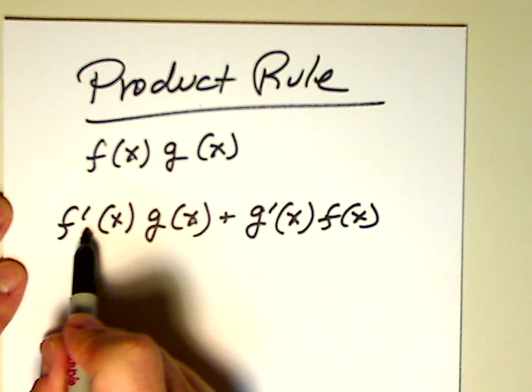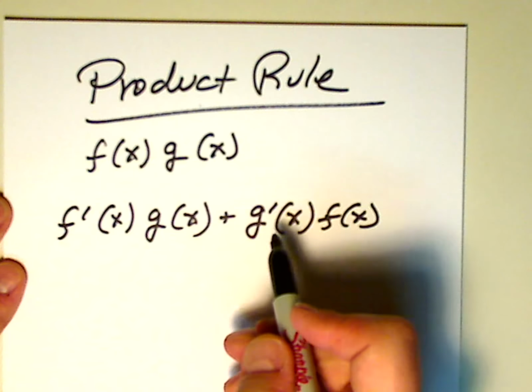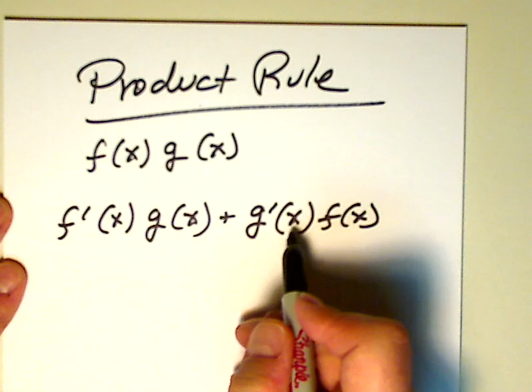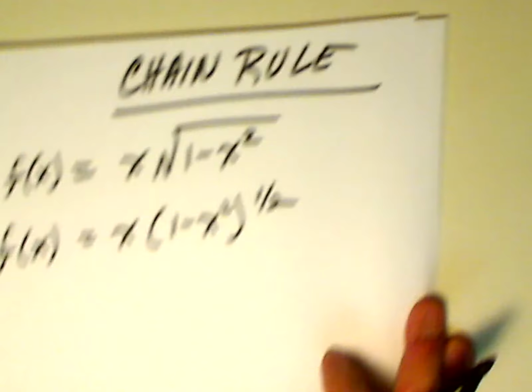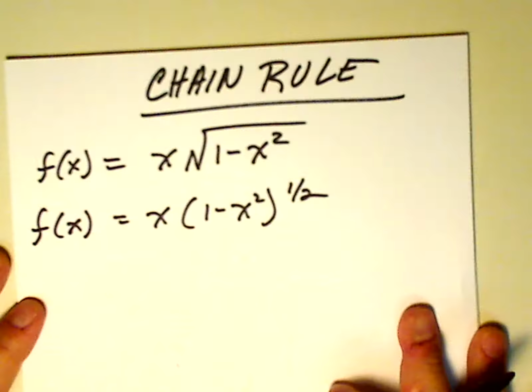So we take the derivative of the first function, we multiply it times the second, and then we add the derivative of the second times the first. And that's the product rule. And that's what we're going to do right here with this problem.